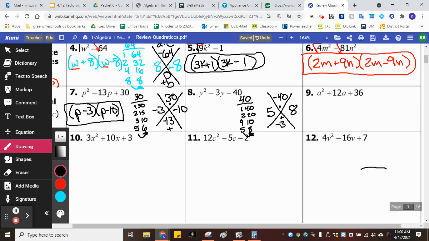If I'm adding to a negative number, you want the bigger number to be negative. 8 is bigger than 5, so I want my bigger number to be negative. And then you can jump straight to your answer since a is 1. So y plus 5, y minus 8. And it's okay if you have it reversed, like y minus 8 and y plus 5. That's still the same thing.